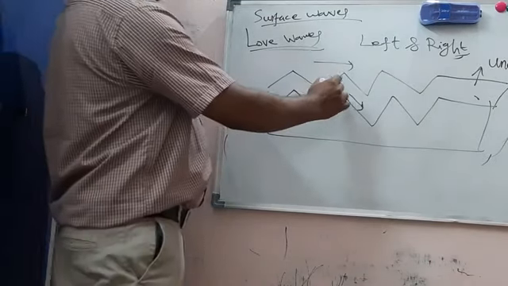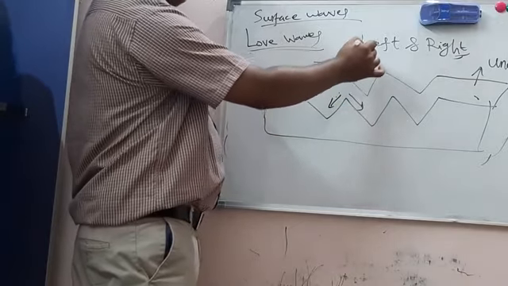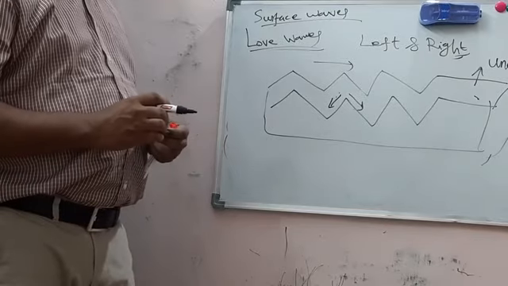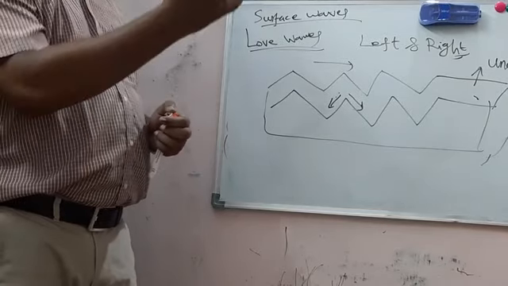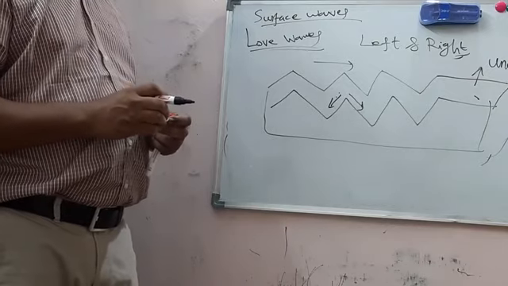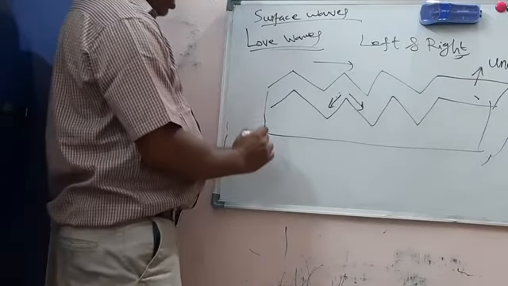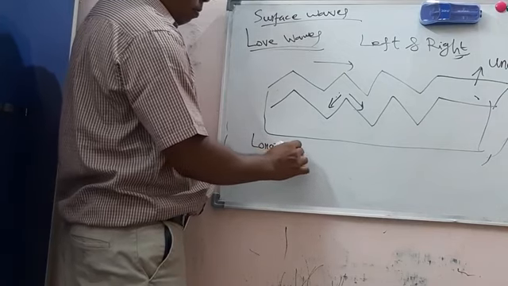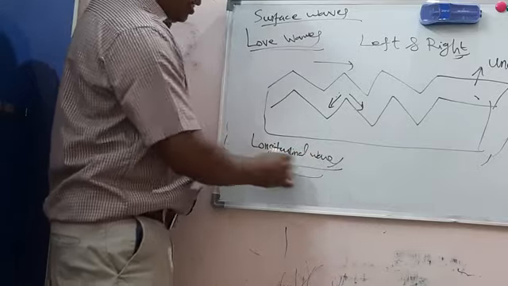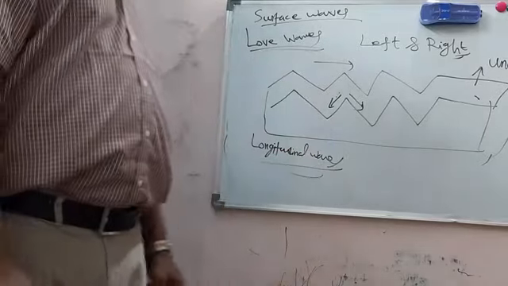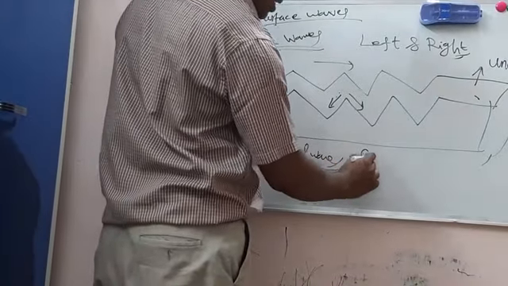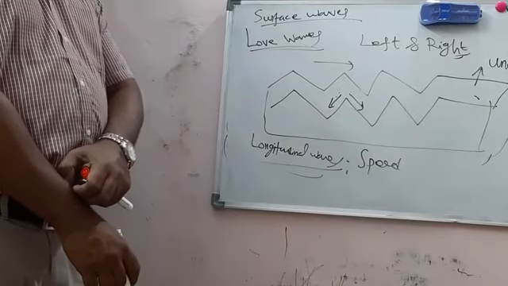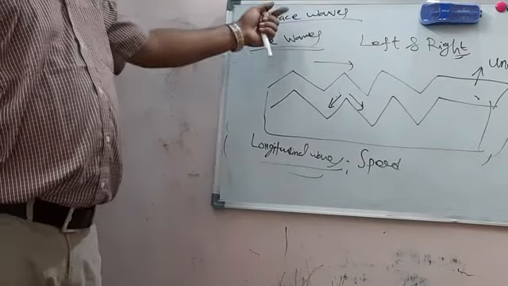So the motion moves left to right, and it's perpendicular to it. Energy transmission or wave propagation occurs. Love waves are a kind of transverse wave. The speed of these Love waves is greater than Rayleigh waves, which are another type of surface wave.